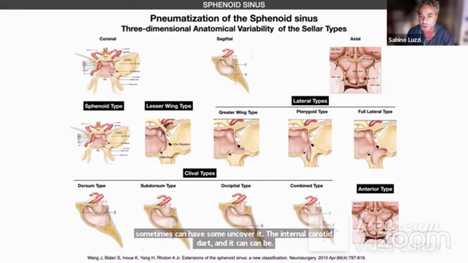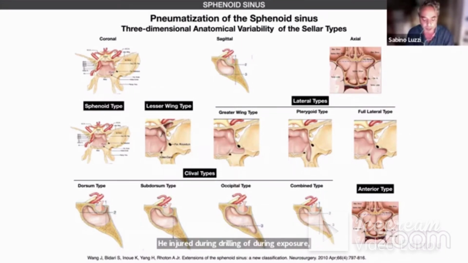Even the mucosa sometimes is uncovered by bone at the level of the sphenoid sinus. And we have to anticipate these kinds of challenges before surgery when we plan this kind of approaches, also in simple transsellar approaches for small pituitary adenomas here.